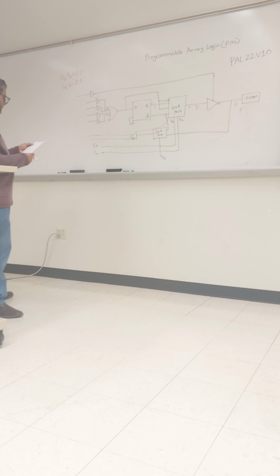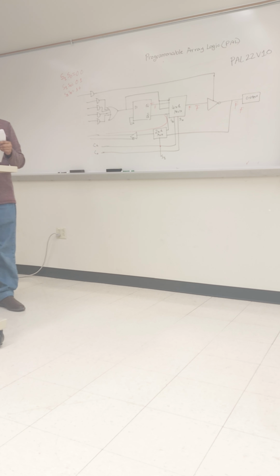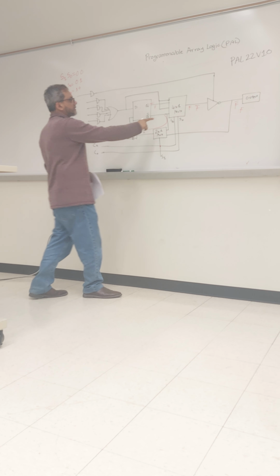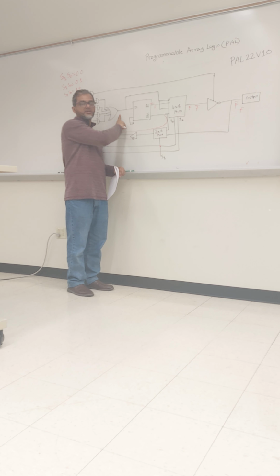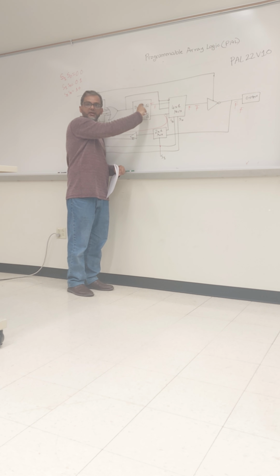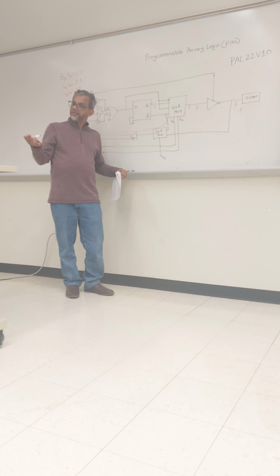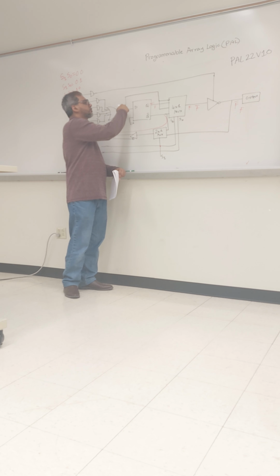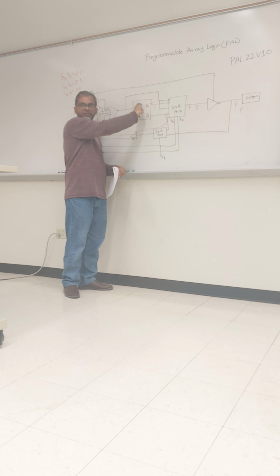The third one is S1 and S0 equal 1, 0. In this case, the mux will select the OR output. It will not take the input from the register. So it is not sequential, it is conventional. It will take the OR gate output, so it is coming to here. In the previous two cases, it was taking from the memory cell.